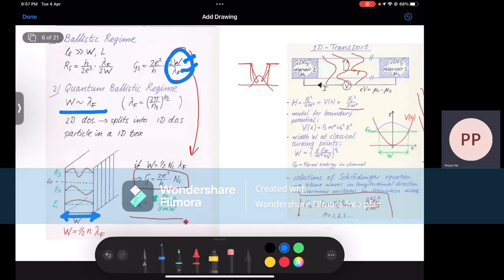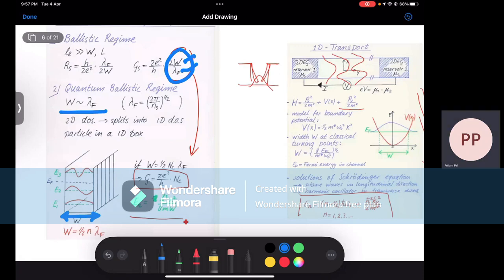So this is a particle in a box problem where energy levels are quantized in the X direction. If we just start with the 2D case, forget about Z, then it's a box in the X direction, and that gives us some quantized energies, 1, 2, 3.